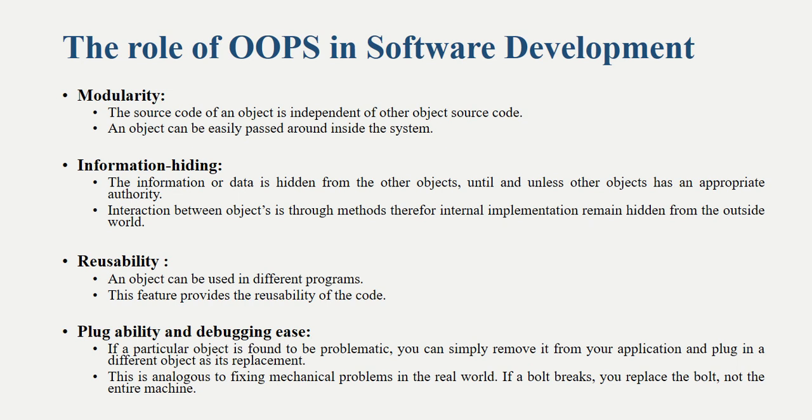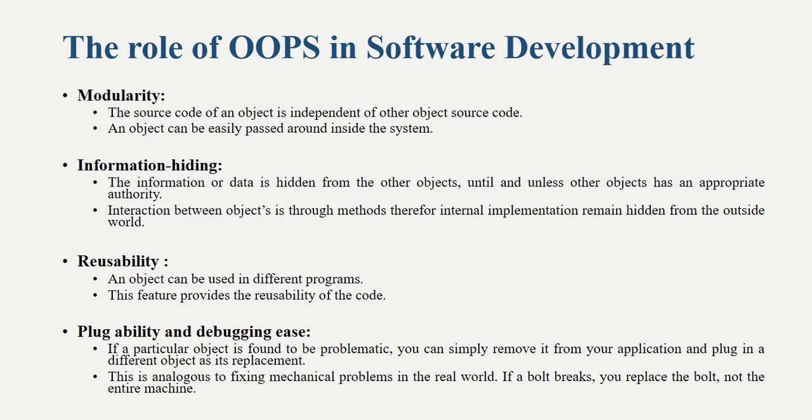Modularity means that the source code of an object is independent of the source code of other objects, so they are independent of one another. If one of the objects is deleted from the system or somehow is not working, that will not affect the other code, probably, because they are independent.